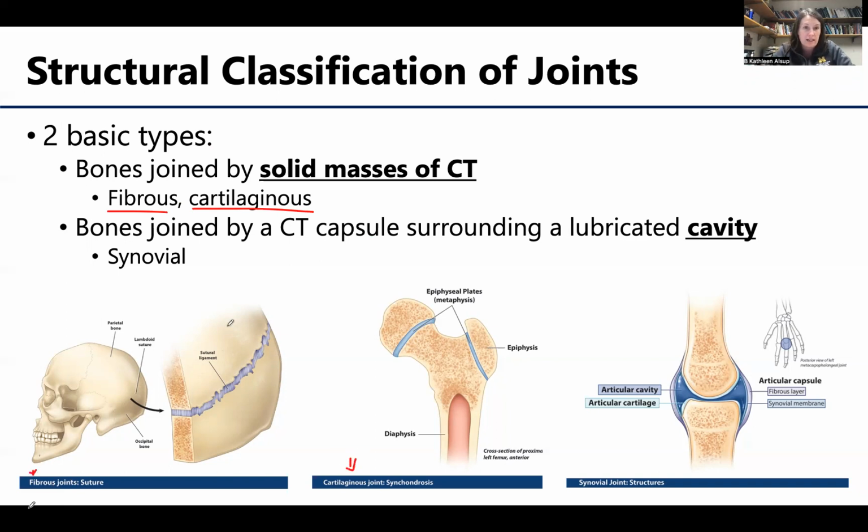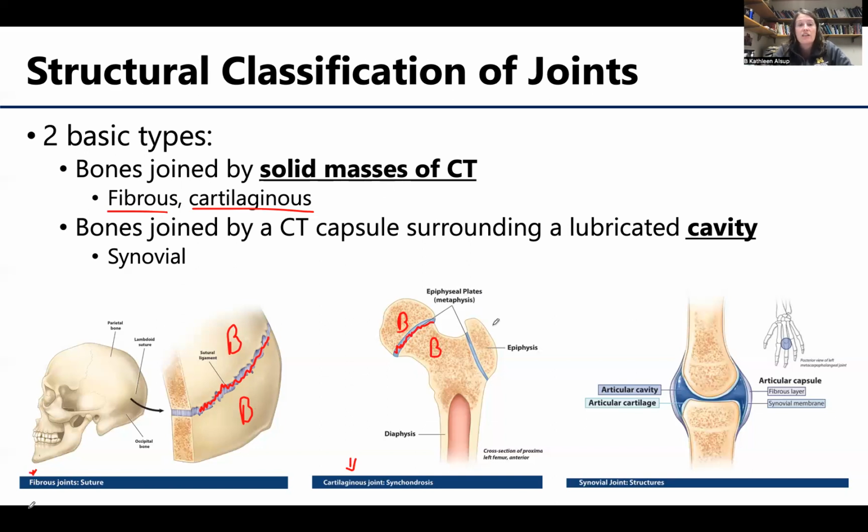Say when we're talking about a suture, here's a bone, and then in between you have this solid mass, in this case of fibrous tissue. Now, when we're talking about a cartilaginous joint, here's a bone, and then this solid mass of cartilage connecting the two bones. Okay, so that's one type of structural classification.